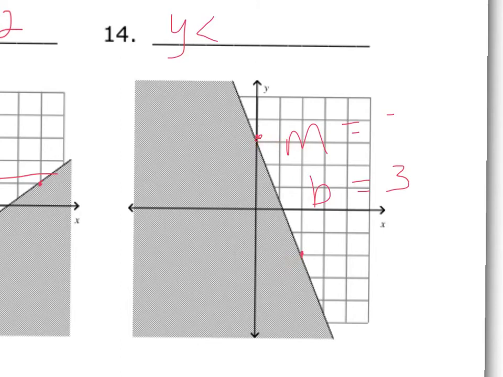It's down 1, 2, 3, 4, down 5. And then how far over? To go from here to here is the same as going like that. So I had to move 2 units. So over 2. So y is less than -5/2 x plus 3.